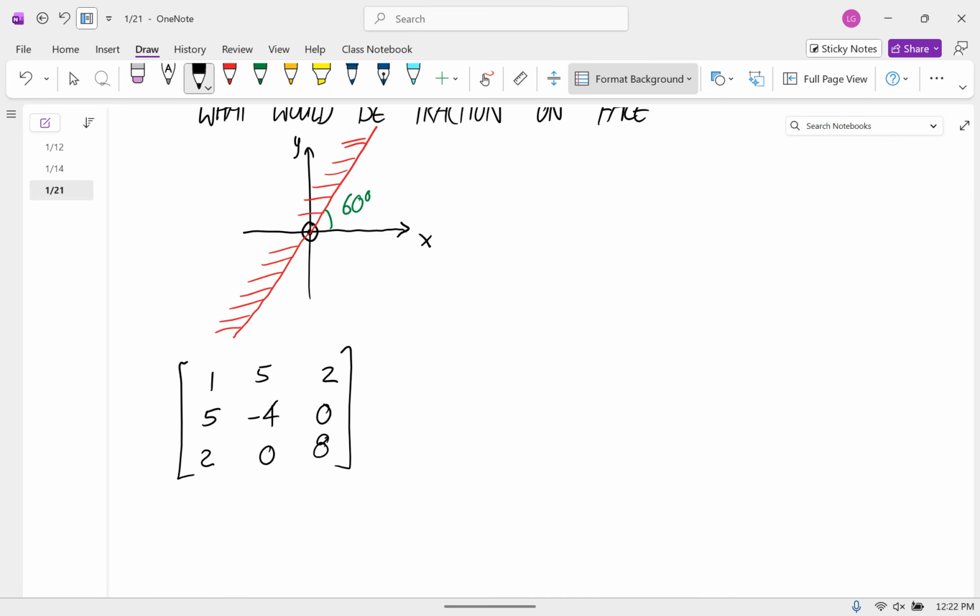And then we need an outward facing normal for this face. Well, an outward facing normal would be like this, where this angle is 30 degrees. So this is going to be the cosine of -30 degrees, the sine of -30 degrees, 0.